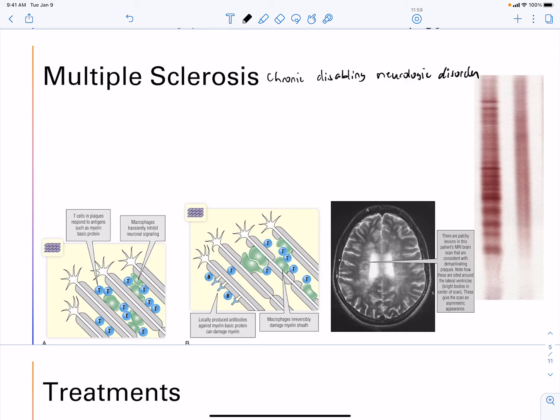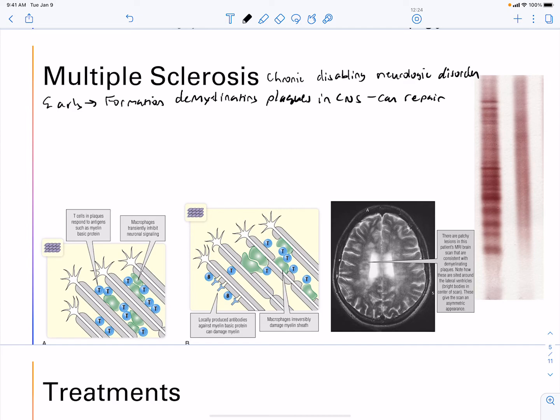Okay, so in the early stages, you're going to have formation of demyelinating plaques in the CNS, and you can repair these. And in the late stages, you're going to have extensive axonal loss. And this cannot be reversed.